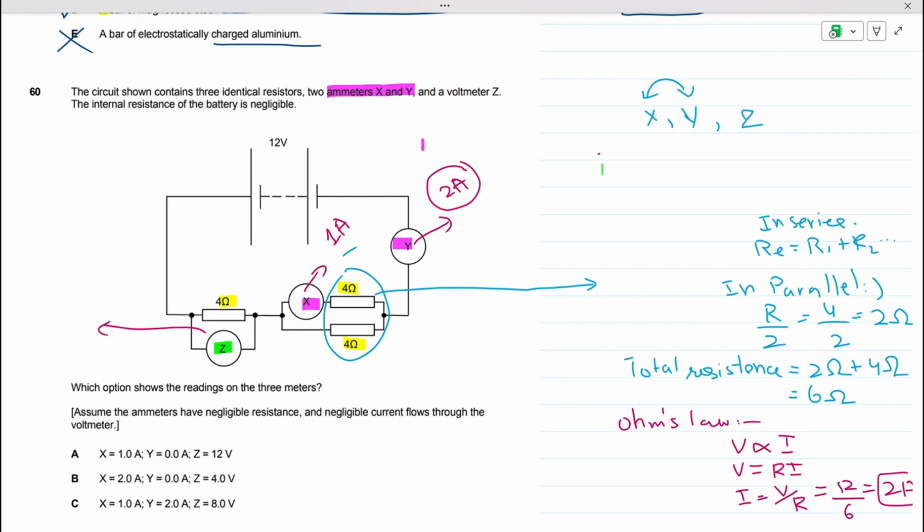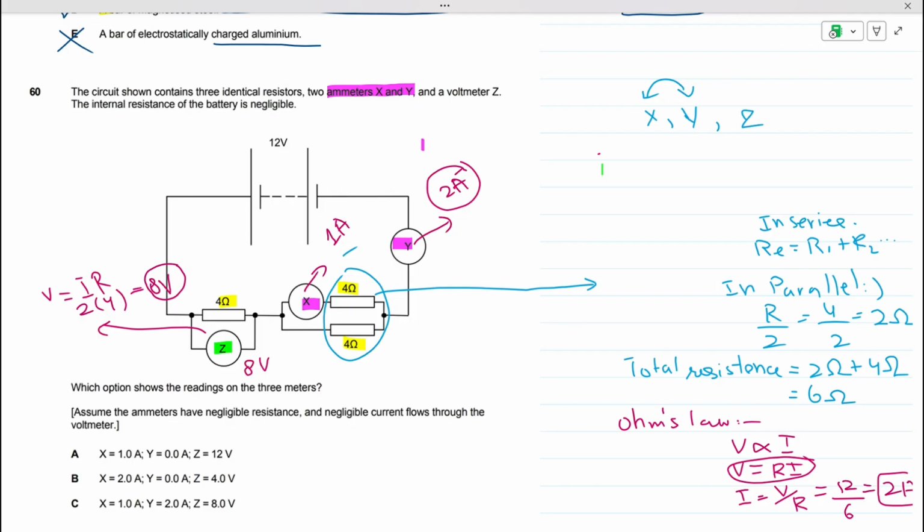Now see, Z is the voltmeter. It would have the voltage, and for finding the voltage, the formula we have is V is equal to IR. The current we have is 2 ampere, and the resistance is 4 ohm, so 2 into 4 is 8 volt.